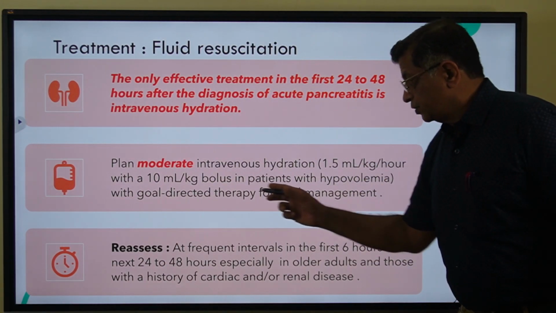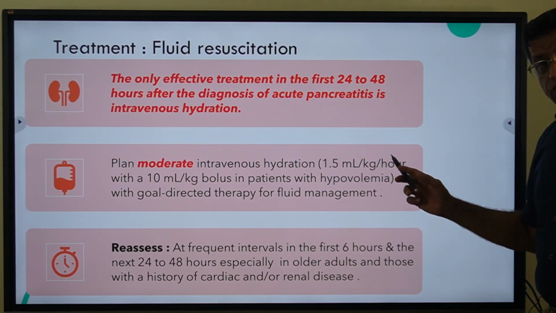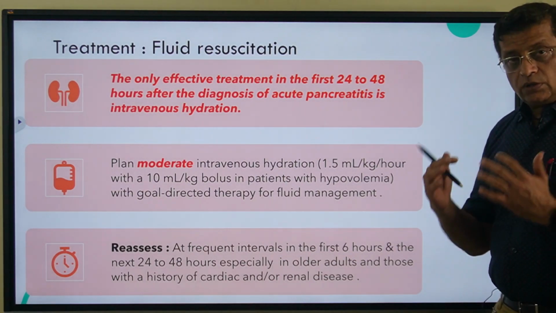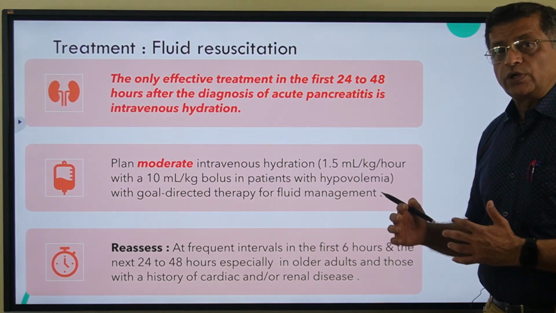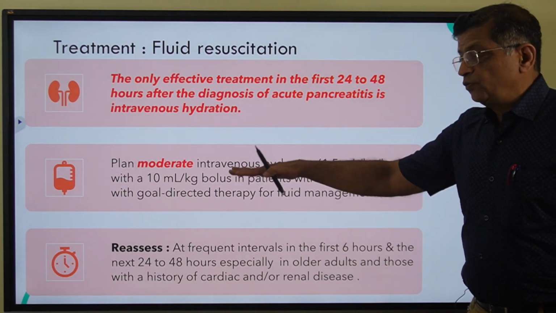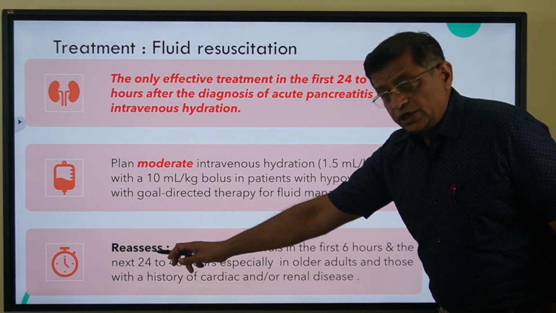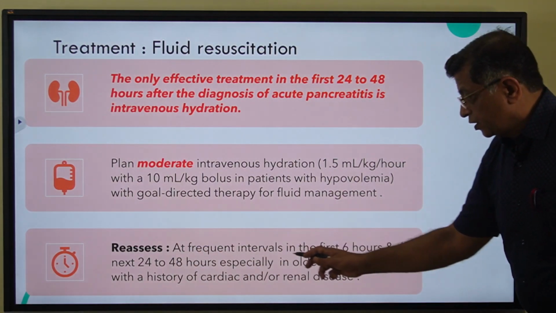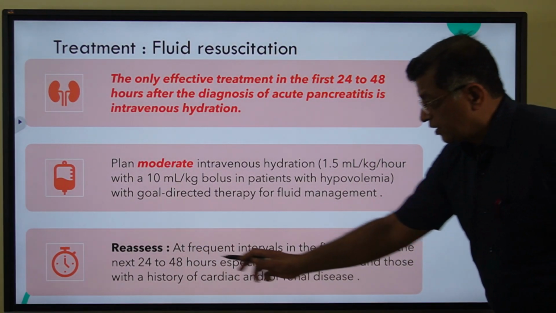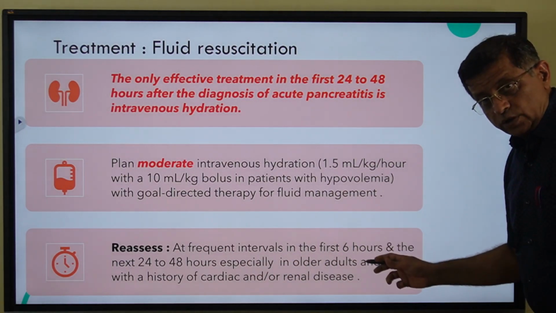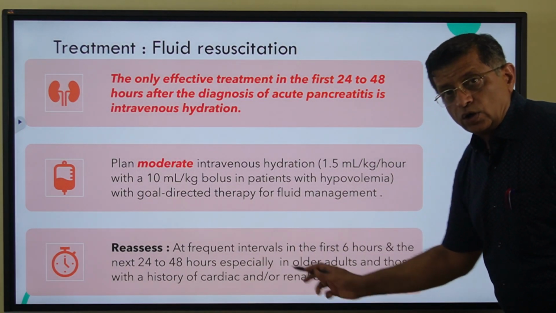With goal-directed therapy for fluid management, goal-directed means we have to fix goals for the mean arterial pressure, the urine output and the SpO2, and we have to assess whether these goals are achieved or not. Reassess at frequent intervals in the first 6 hours and then the next 24 to 48 hours, especially in patients who are older or in patients with cardiac or renal disease.